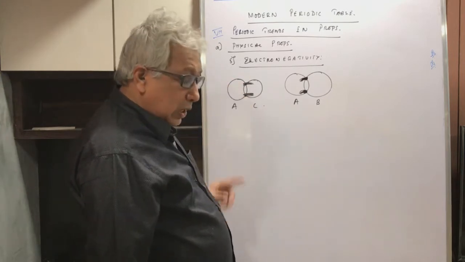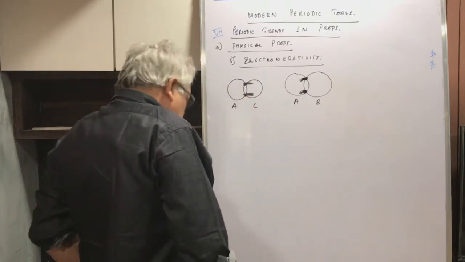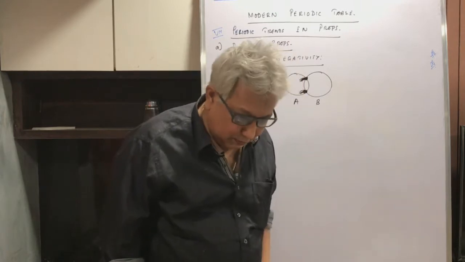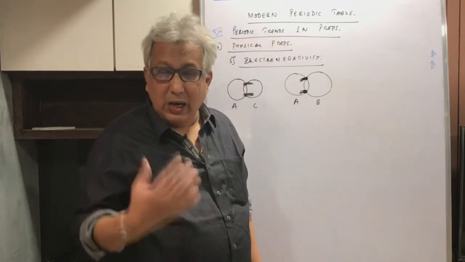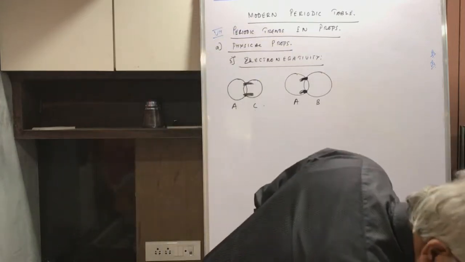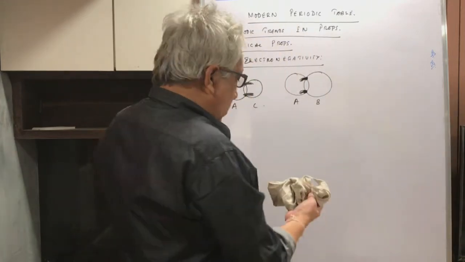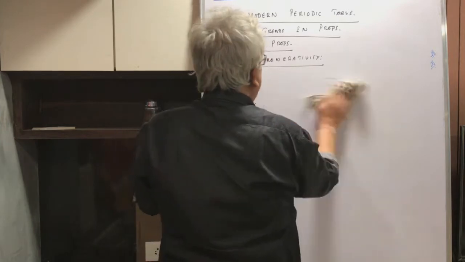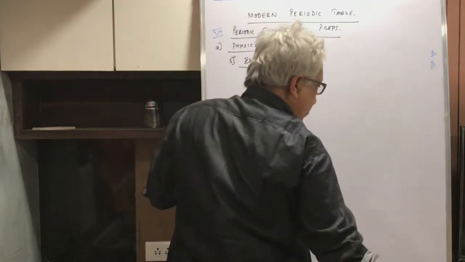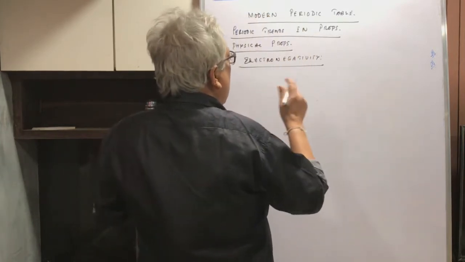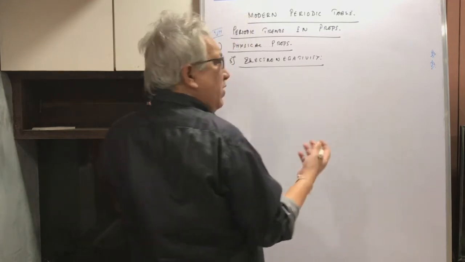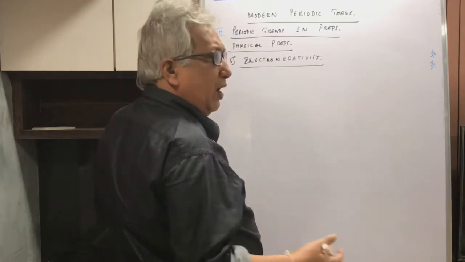That is why electronegativity is defined as the power of an atom to attract electrons towards itself in a compound is called as electronegativity. Is it okay? So that is what is called as electronegativity. Now electronegativity, obviously it will depend upon what all factors.